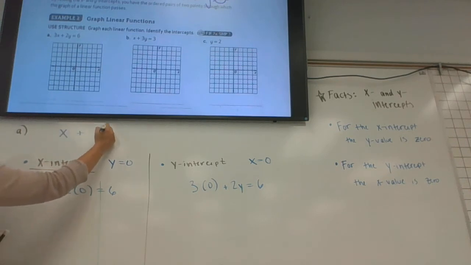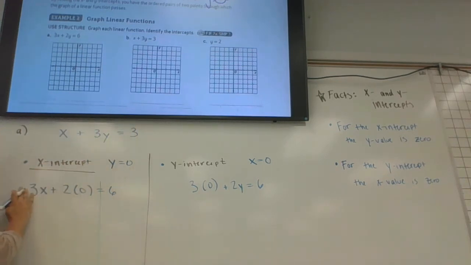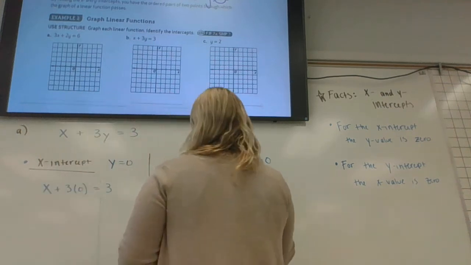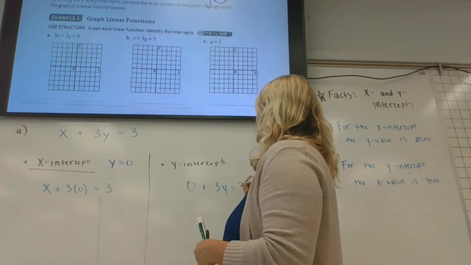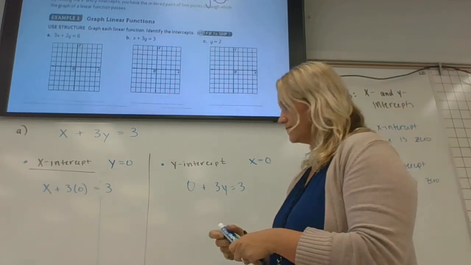x plus 3y equals 3. x plus 3 times 0 equals 3. 0 plus 3 times y equals 3. Solve those two.